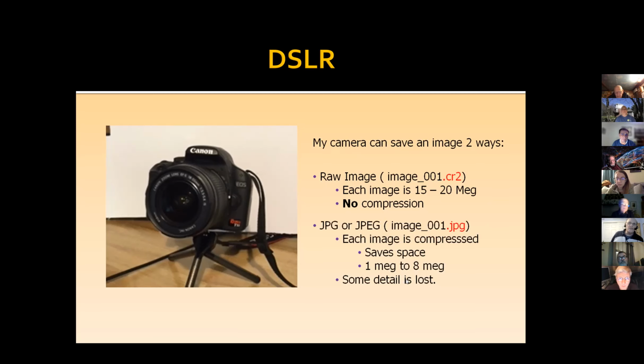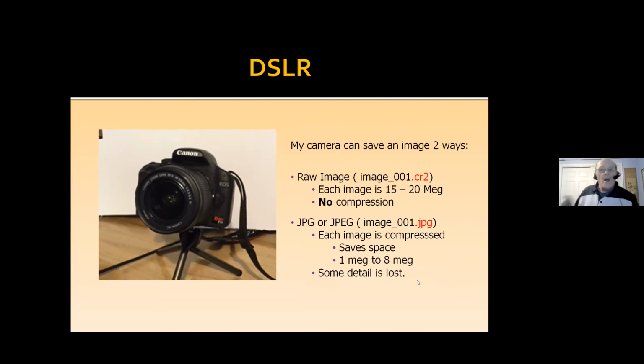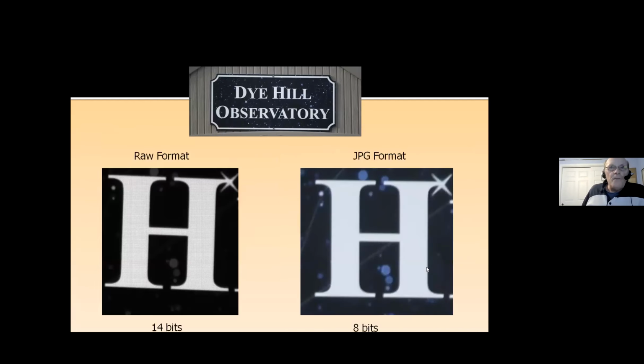That's quite a difference. I can get several thousand compressed images on a 16 gig card. But it does come with an issue: you're going to lose some detail. In my next slide, I've got an example of it.